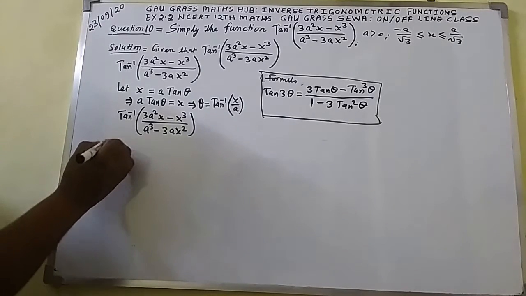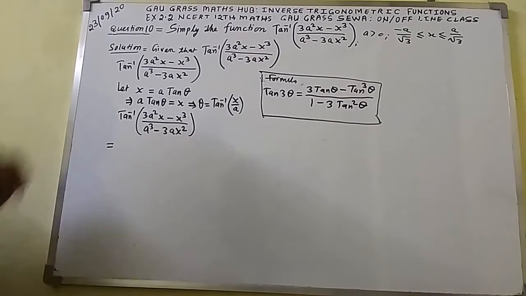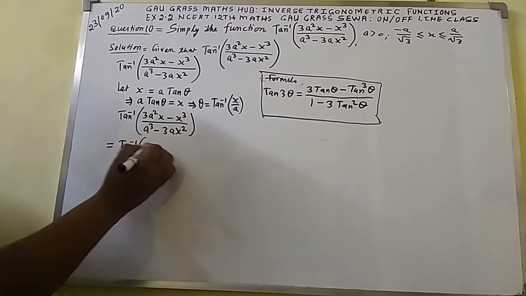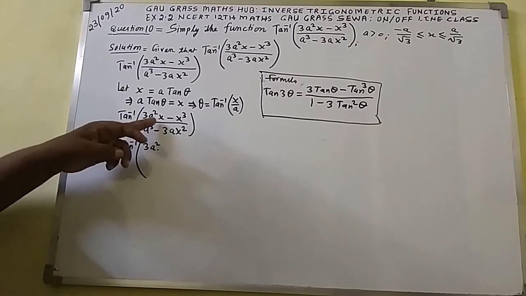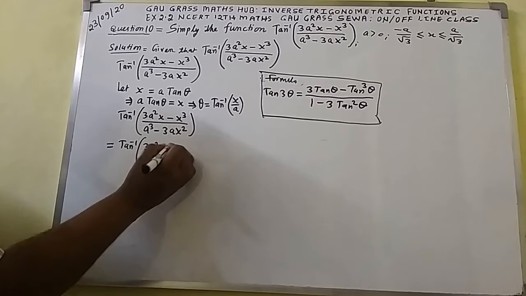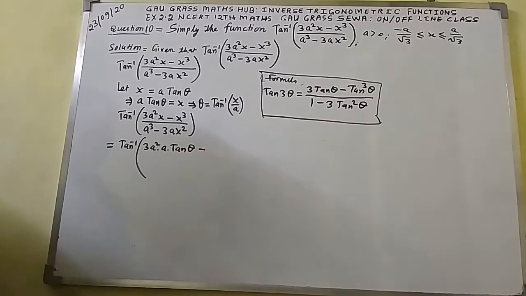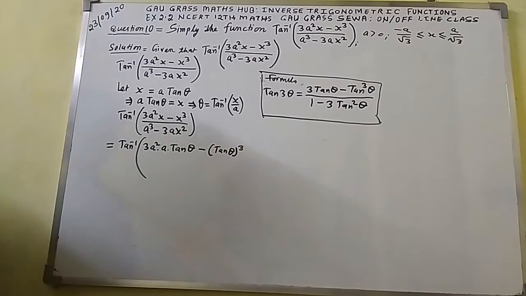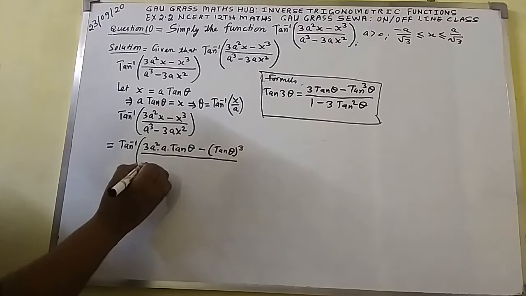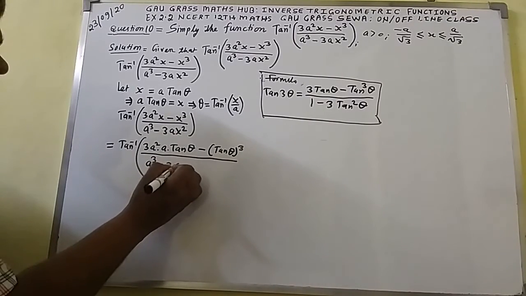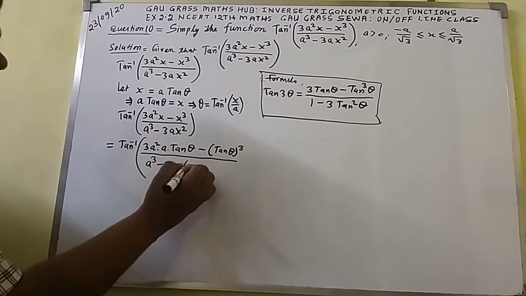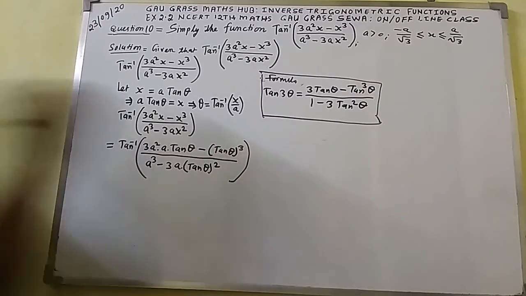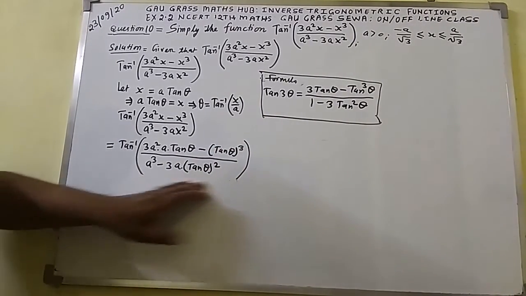Now this equals tan inverse of, in bracket, 3a square, in place of x I can write a tan theta, and x cube becomes a cube tan cube theta, over a cube minus 3a, in place of x I can write a tan theta, squared. This is how I have written it.